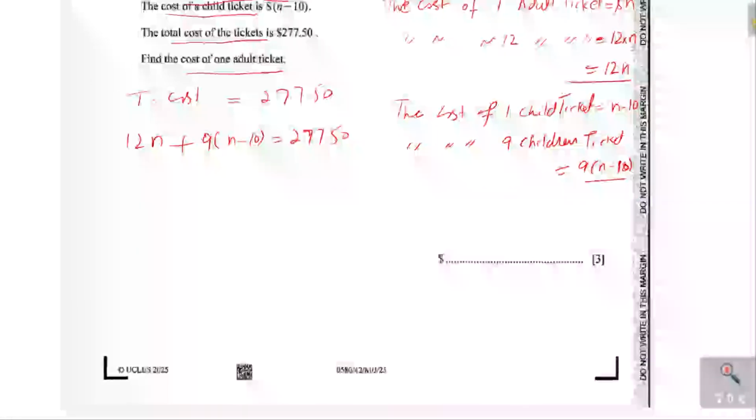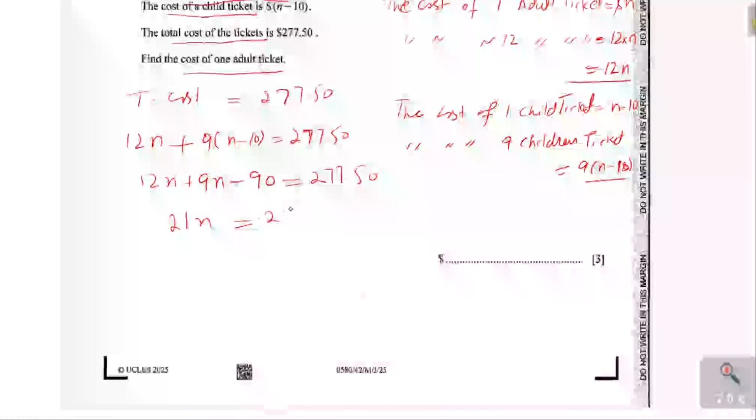We can write 12N plus 9N minus 90 equal to 277.5, and 12 plus 9 is 21N, equal to 277.5 plus 90, which is 367.5.